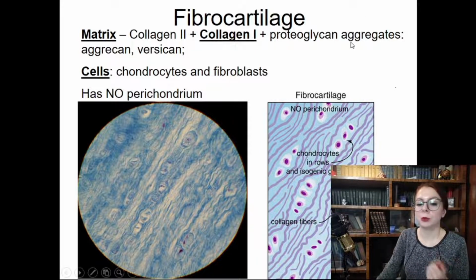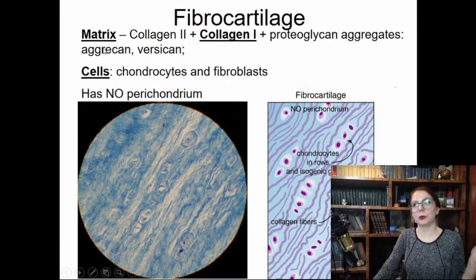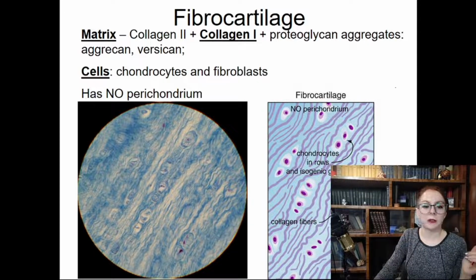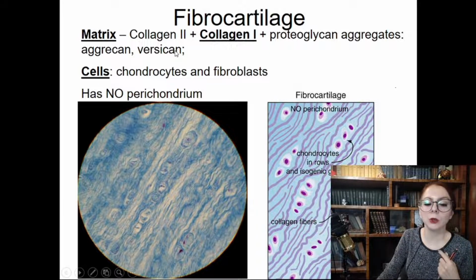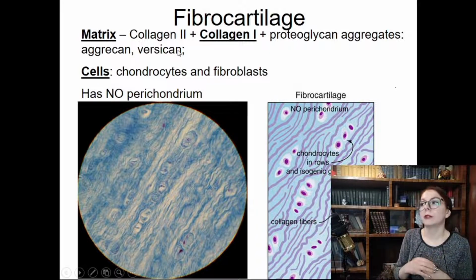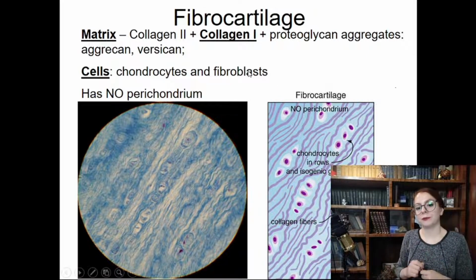And of course, proteoglycan aggregates. Notice that aggrecan, which is also present in hyaline cartilage, is made up of keratan sulfate and chondroitin sulfate, and it is produced by chondrocytes. And they also have versican. Versican is the proteoglycan produced by fibroblasts.